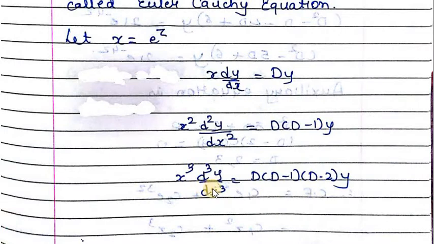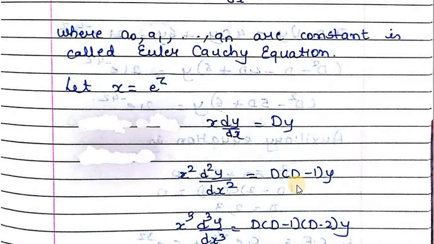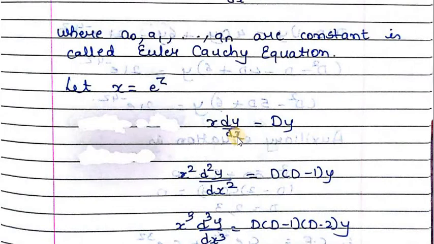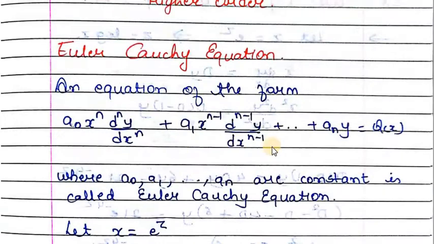Similarly, x cube d cube y by dx cube will become D (D minus 1) (D minus 2) y, and so on. So what we have to do is replace x by e raised to z and z by log x, and x dy by dx by Dy, x square d square y by dx square by D (D minus 1) y, and so on in this equation.